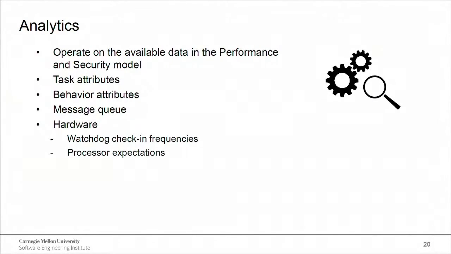How has that been compared to what I've measured before in my security and performance model from my classifier for ML? How has that changed over time? Of course, my analytics can help me out with watchdog check-in frequencies and of course some processor exceptions as well.